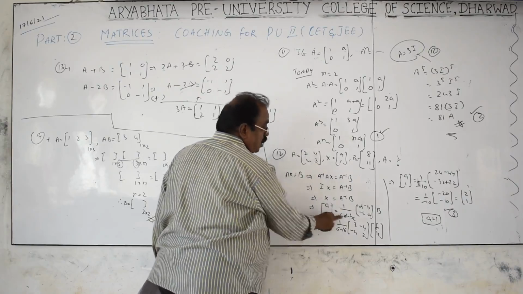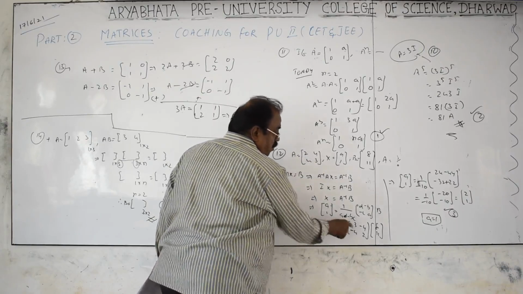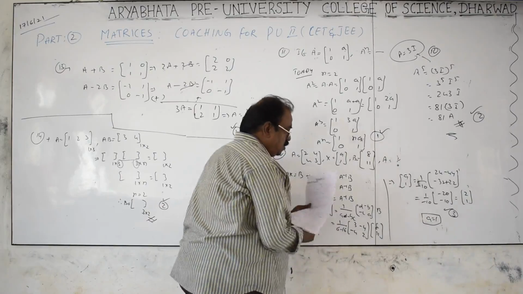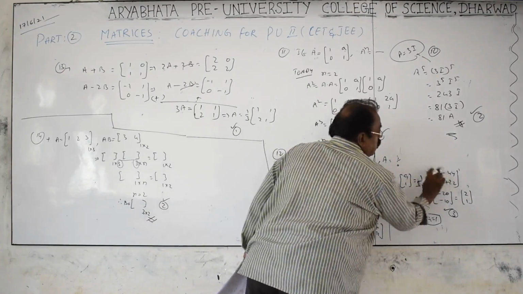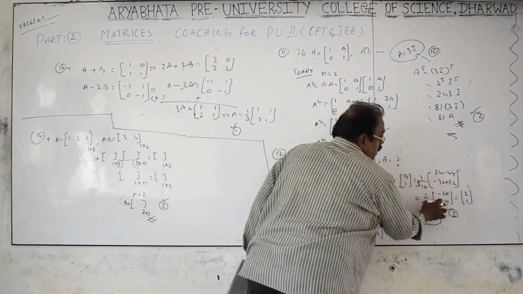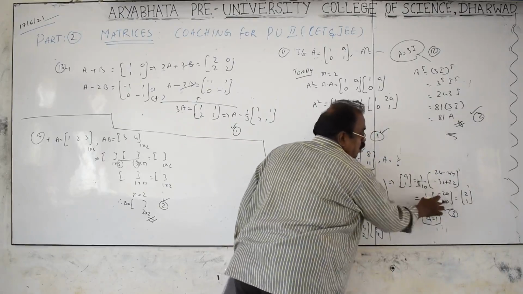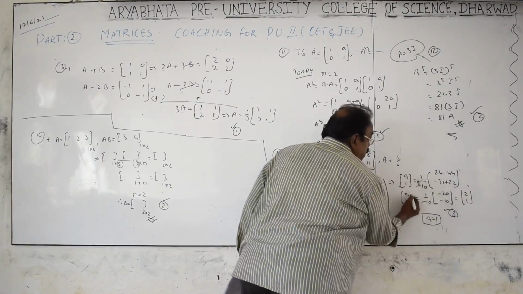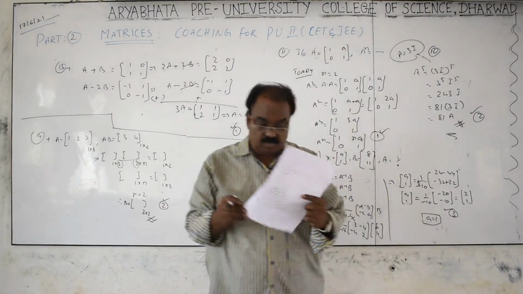Now substitute the values and simplify. After multiplication, 24 minus 44 is minus 20, minus 32 plus 22 is minus 10. You divide by minus 10: minus 20 by minus 10 is 2, minus 10 by minus 10 is 1. So a is equal to 2. That is option 3.